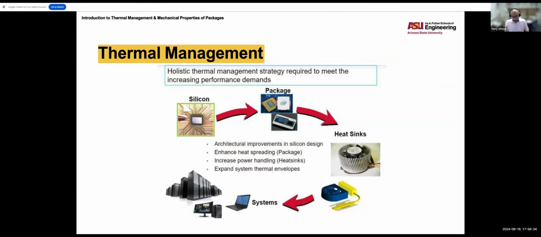And what has made a dramatic impact over the last decade is that the cooling has extended all the way to the systems, so that the design, starting from the silicon architecture, the package heat spreaders, the heat sinks, as well as the layout in the system, is done in unison such that we can maximize the amount of heat removed in a very efficient manner.